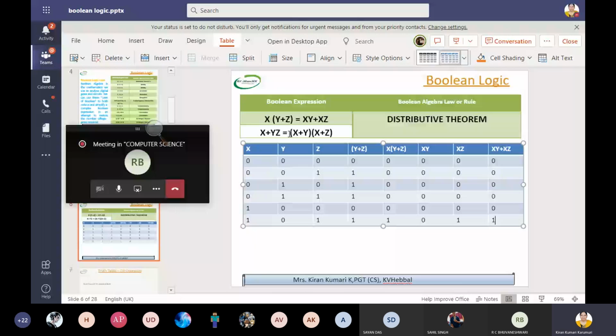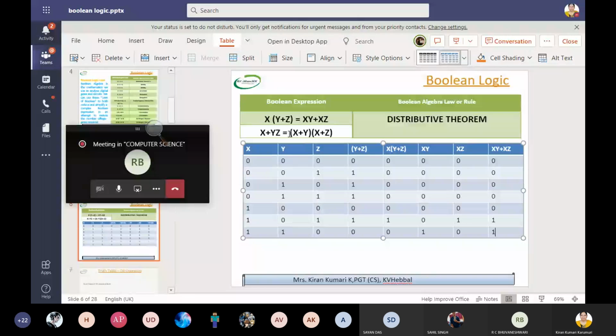1, 1, 0. So now y plus z is how much, children? 0. X and y plus z is 0. Xy is 1. Xz is 0. Xy plus xz is 1. Correct? See, y plus z is 1 here.